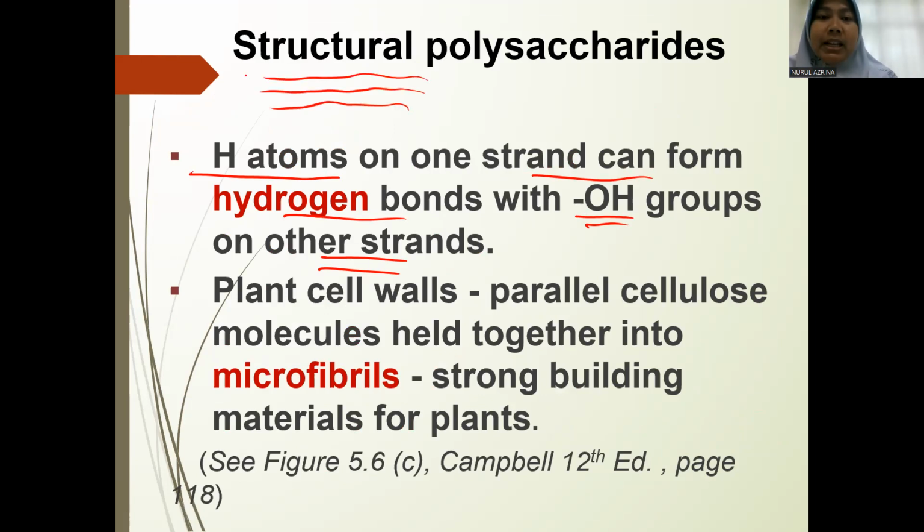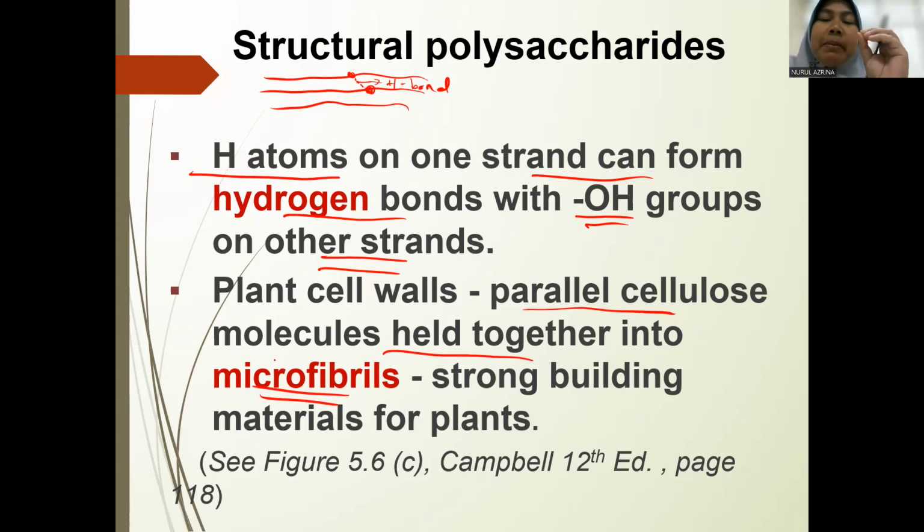Cellulose. Alright. So, what happened is, hydrogen atom of one strand can make hydrogen bond to OH group on the other strand. So, terbentuklah ada ikatan yang lemah kat sini, kita panggil hydrogen bond. Alright. So, in the plant cell wall, parallel cellulose molecules are held together into a microfibril.